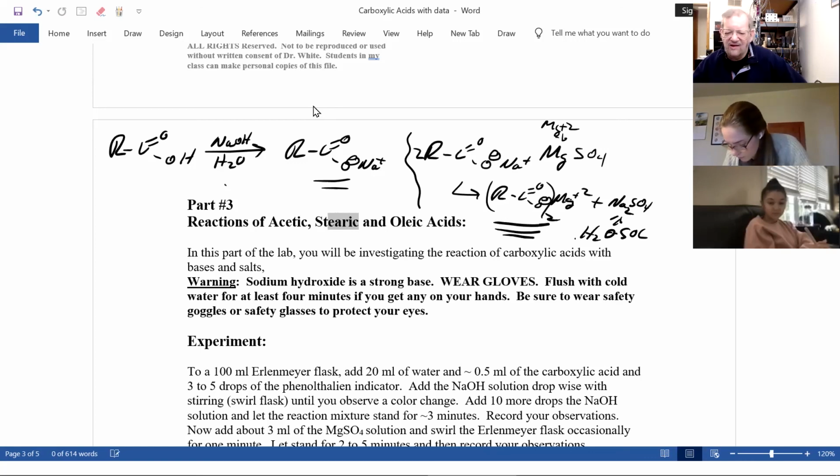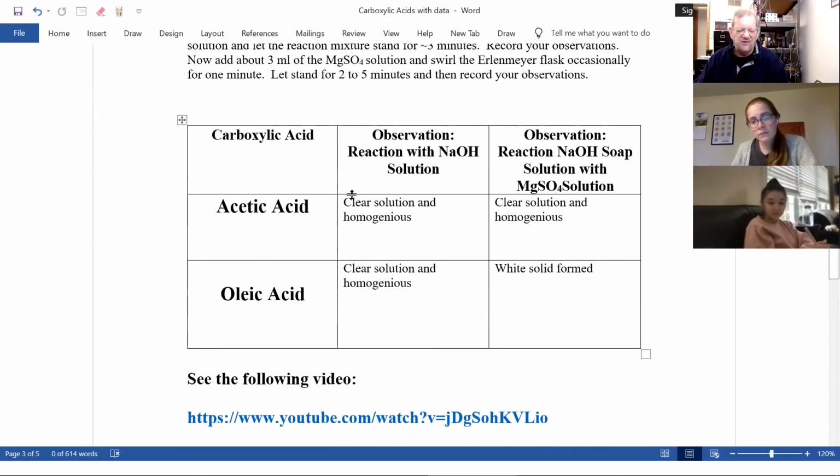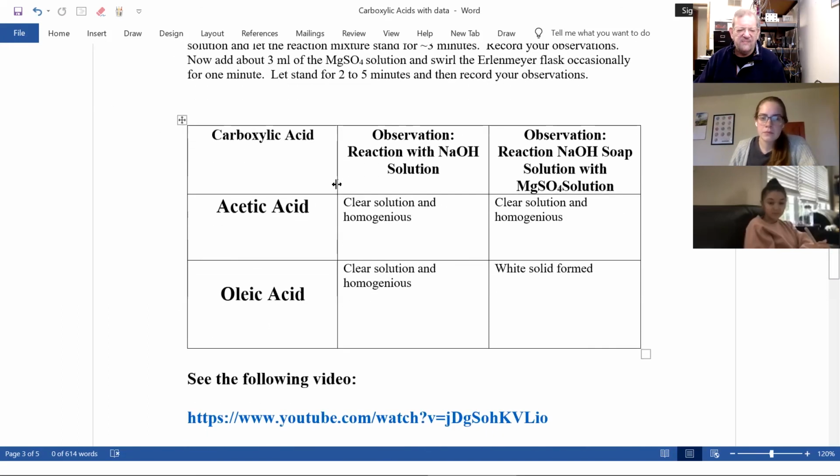And this is the interesting molecule. Now, what role does R play in solubility? In this lab, you'll find out, but I'm going to sort of give it away. That's the sad thing about it. What you would do is take the acetic acid, add enough sodium hydroxide to make what's called sodium acetate, this carboxylate anion. And you observe it, and it's clear and homogeneous.